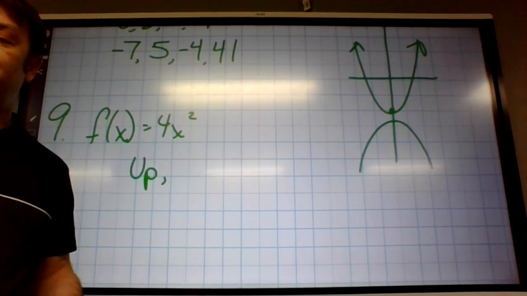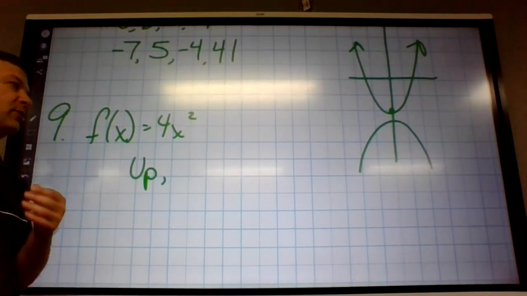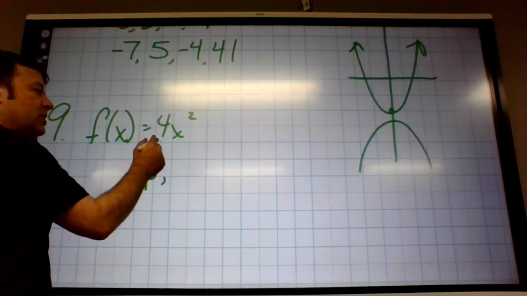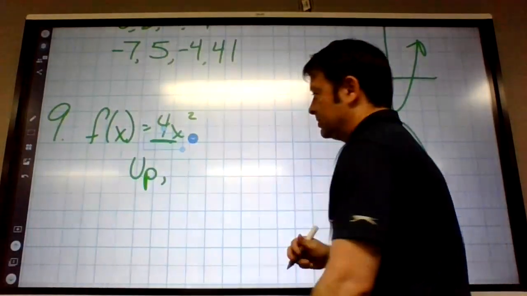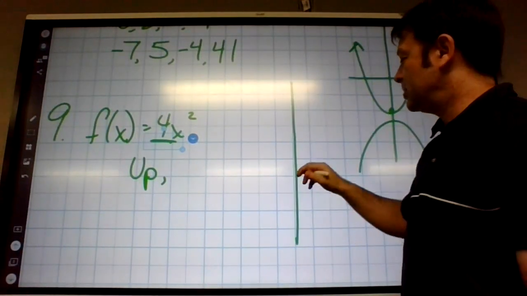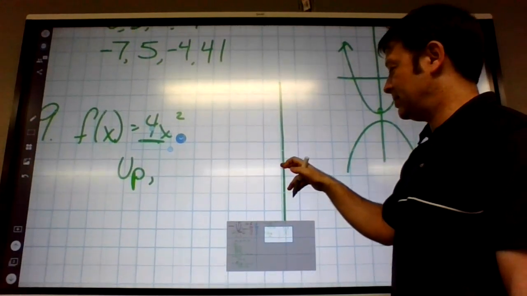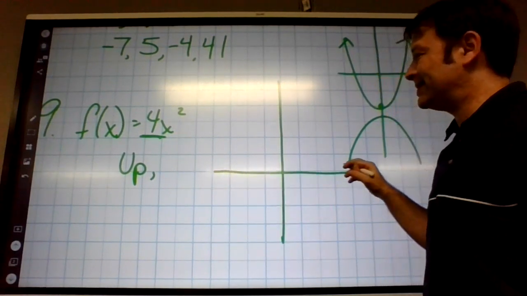All right. The next section is the vertex section. So when it says at, it means what are the coordinates of the vertex. Now, what is this 4? What's that 4 going to do to the graph? It makes it 4 times steeper.